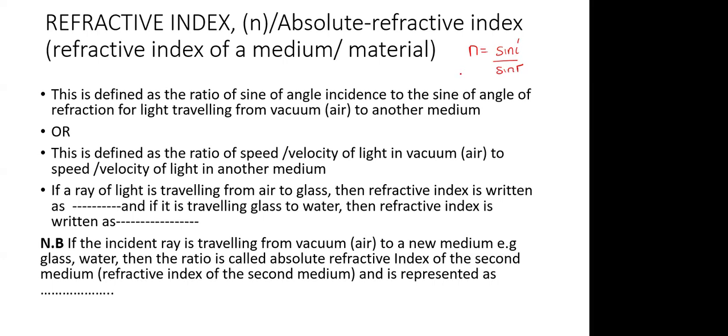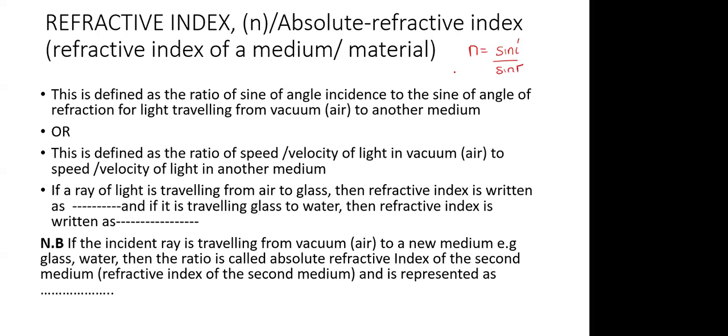To be very specific, when we define refractive index, we are defining what we call absolute refractive index. Absolute means total. It means that the medium where light is coming from is air and it is entering into any other medium.